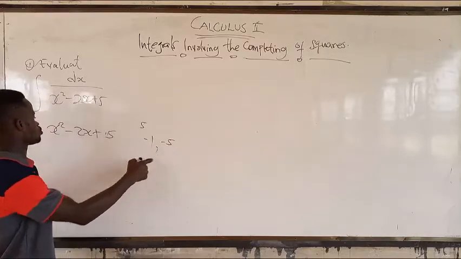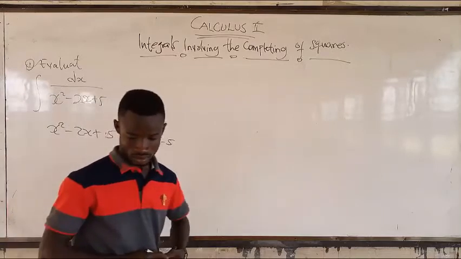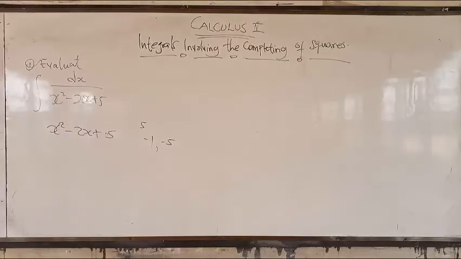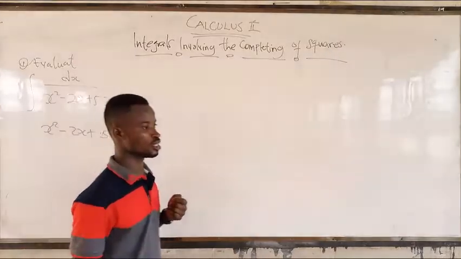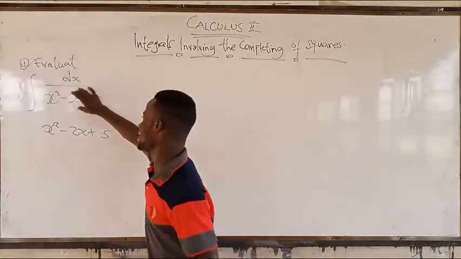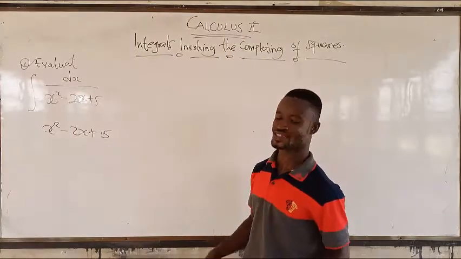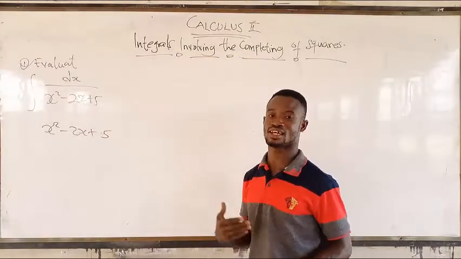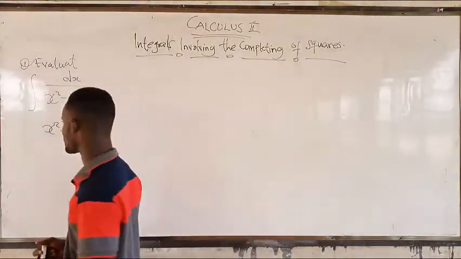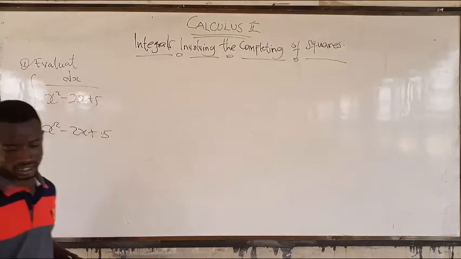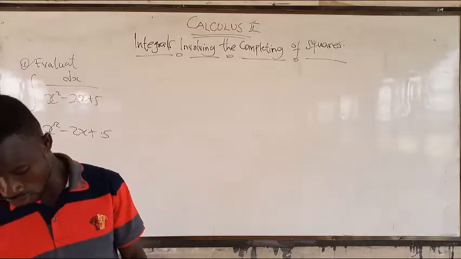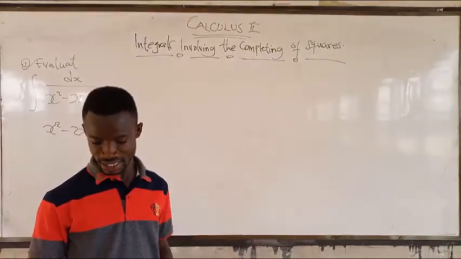When you multiply these two, there is a mistake somewhere. Alright, so we take the denominator and solve by completing the squares. And how do we solve by completing the squares? Okay, so firstly, we move on to solve by completing the squares.